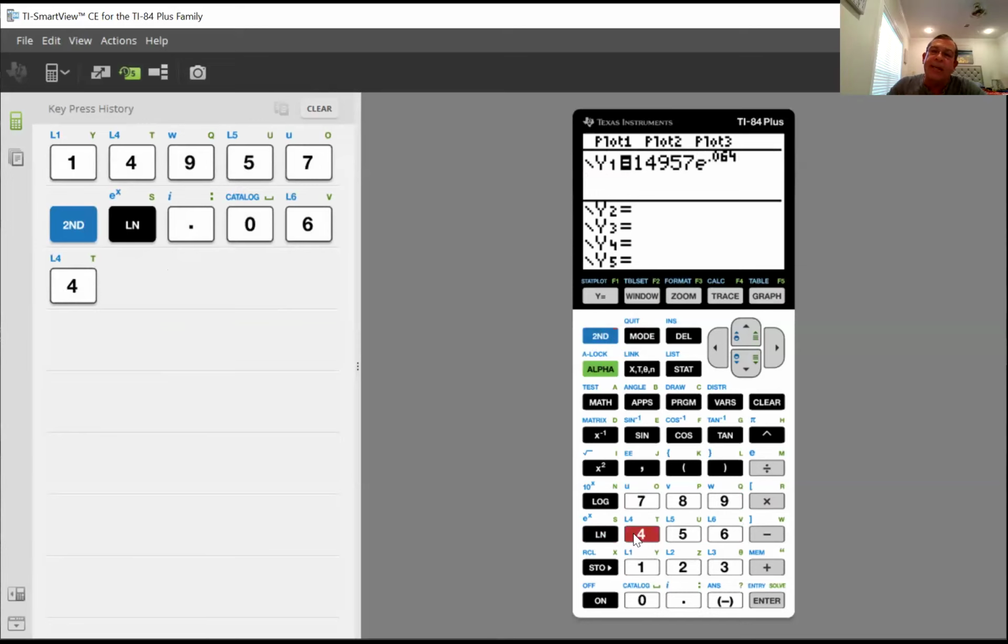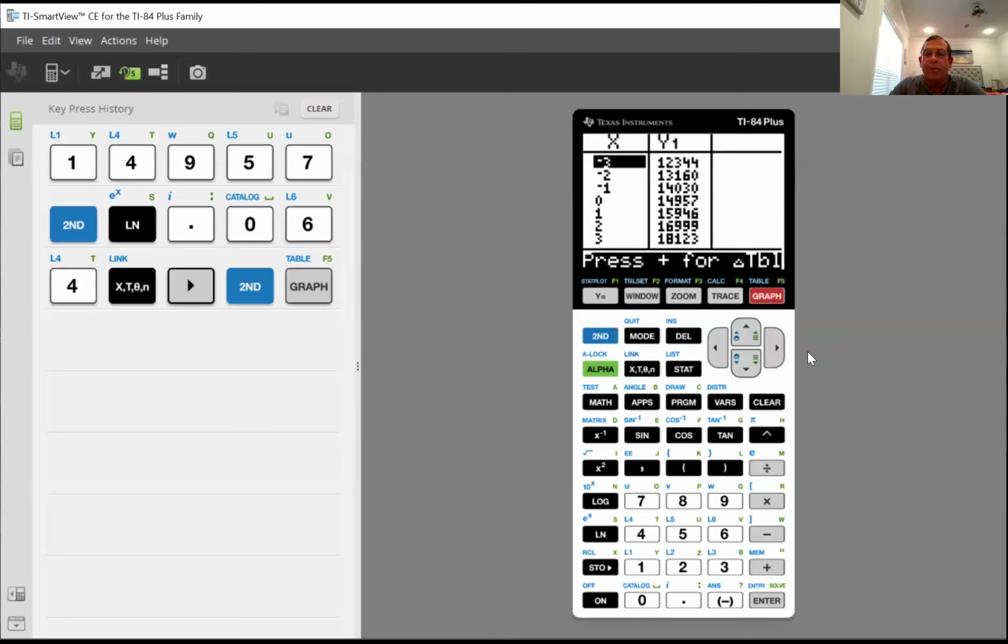Now, instead of T on here, we got to use the X, okay? All right, so I got my equation in, and I don't even care about the graph. I want to look at the table. So I'm going to go to second graph to my table, and let me arrow down until I get to what they want.